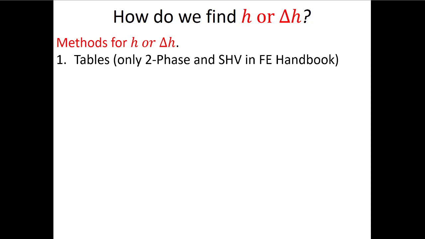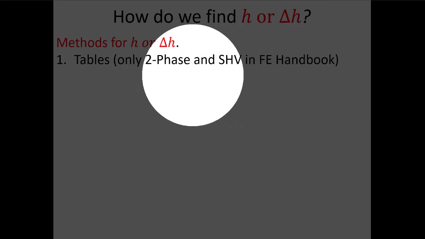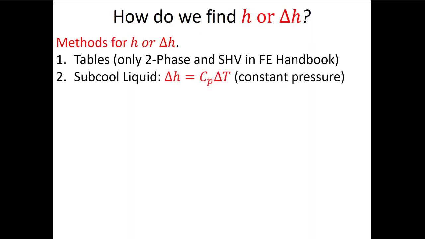So if I want to find delta H, maybe the most straightforward way to do this is if I have a two-phase mixture or a superheated vapor, then I can just look it up in the textbook. Or if I had an FE handbook handy, then I could look it up, but only if I had two-phase mixtures or superheated vapors.